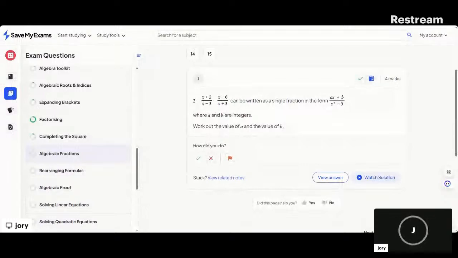So it's going to be 2x squared minus 18 minus x squared plus 5x plus 6 minus x squared plus 9x minus 18. 2x and the 2 negative x's. And then this is going to be 12, like we said.